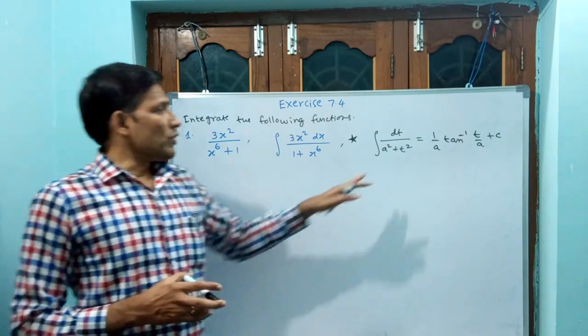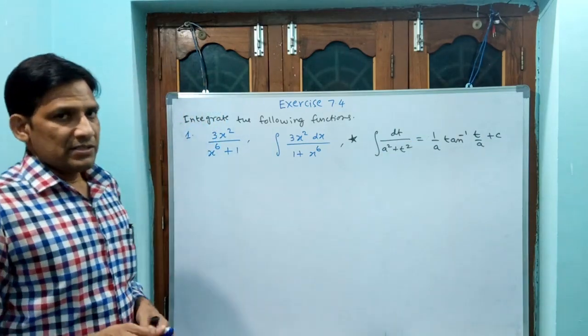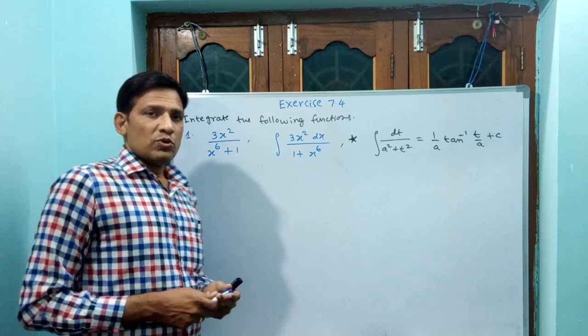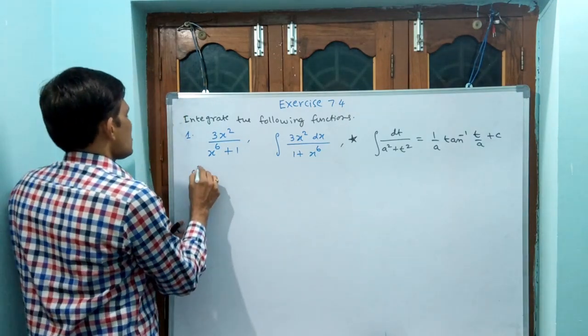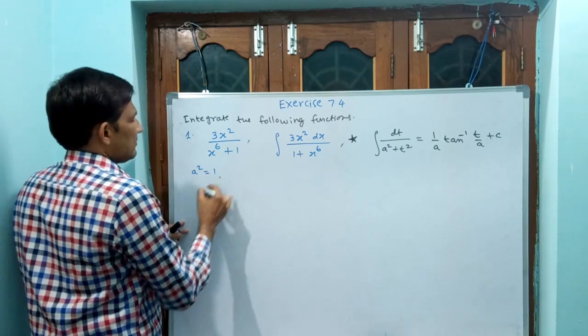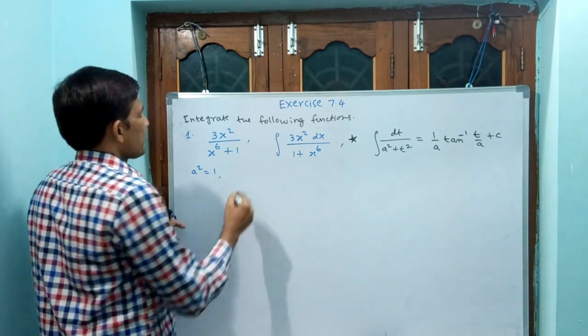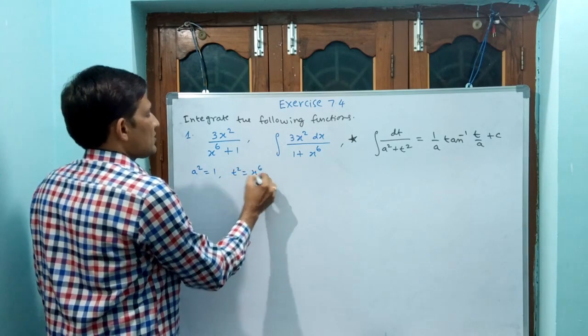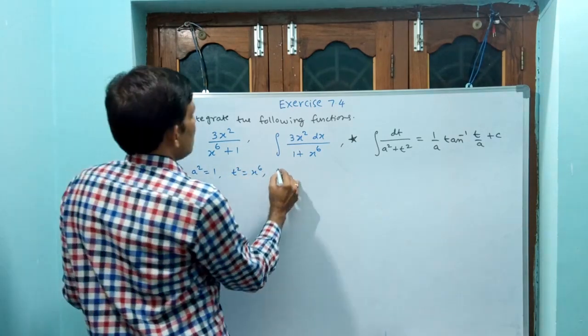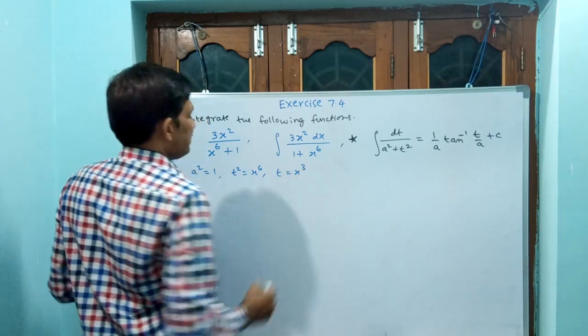If you observe this carefully, by comparing these two, what are you going to understand? You see, a square may be 1, and a also 1, and t square may be x to the power of 6, so t may be x cube.